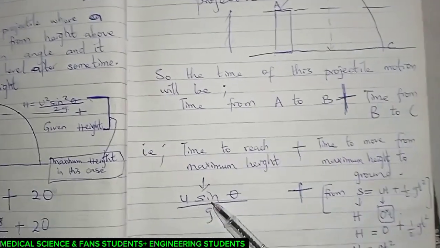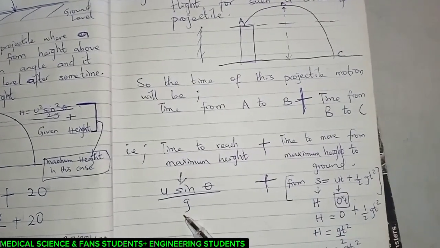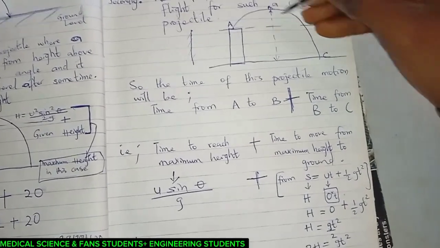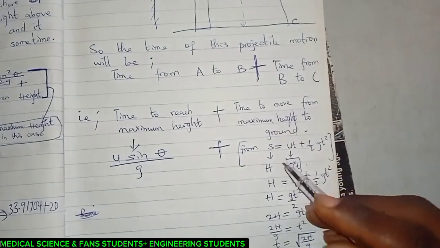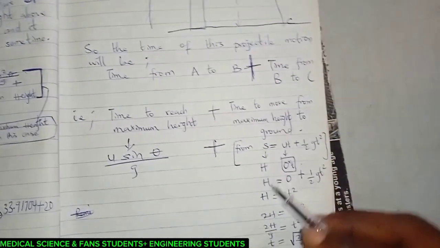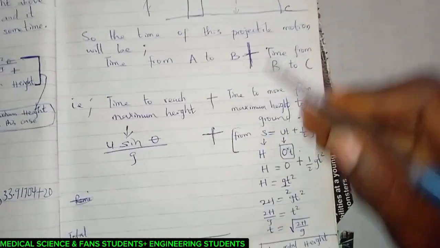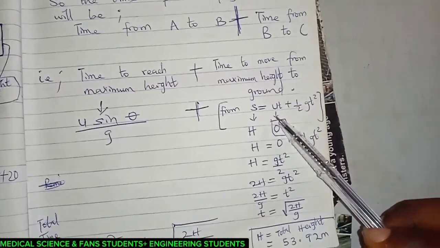And we know that time to reach maximum height is u sine theta over g, plus time to move from b to c, that is to move from maximum height to ground level, which is given by this equation. And how do we get the equation?